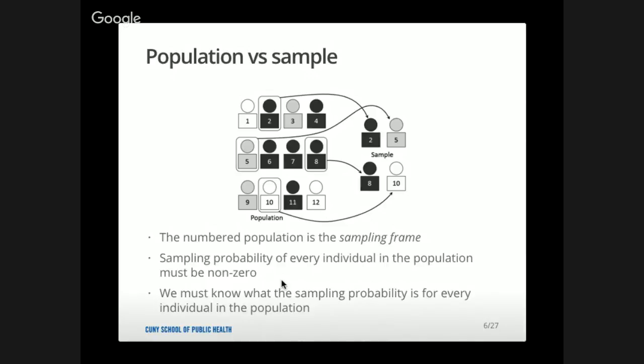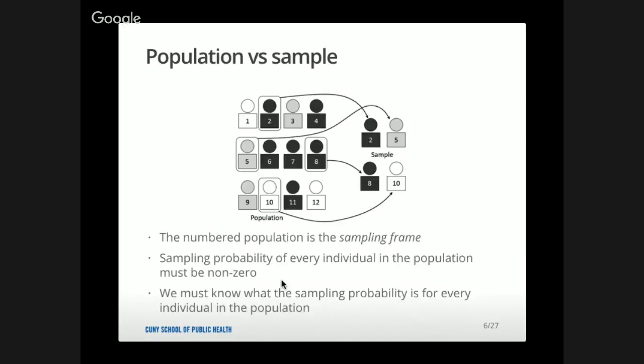This is a key second point here, that the sampling probability of every individual in the population must be non-zero. If there are individuals in your population where there is no possibility of them being sampled, then they may as well not be in your population.